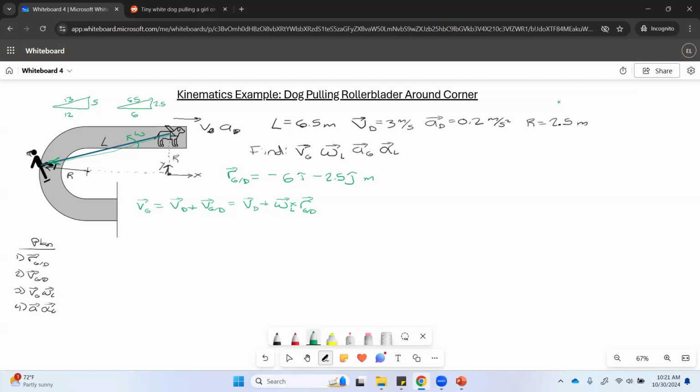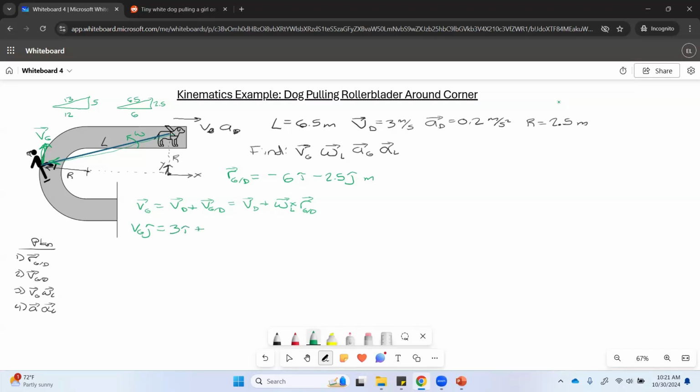Okay, so now filling stuff in here. So velocity of the girl, we know that the girl is going straight in the vertical direction. At this point, we will have velocity of the girl just because she is at that apex of the turn. So velocity of the girl is all going to be in the J hat direction. We'll use that to our advantage. And then equals velocity of the dog, which we were given is 3 in the I hat.